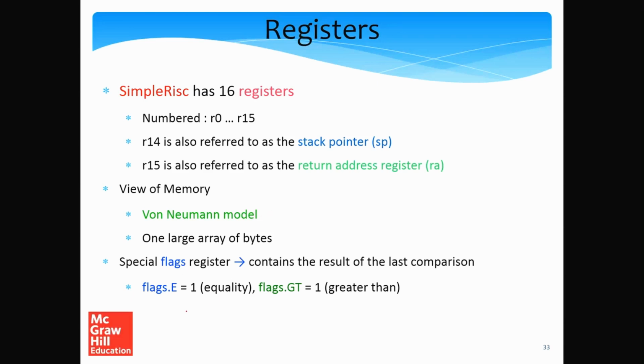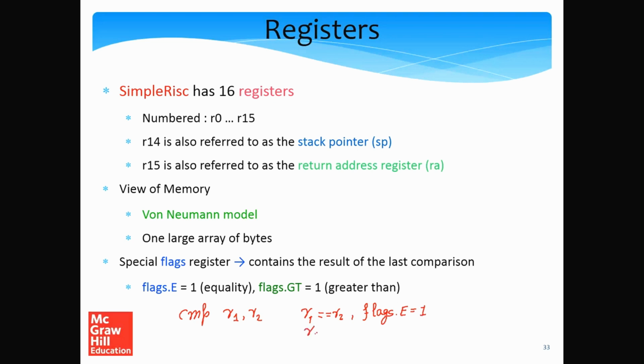The example is a compare in simple RISC assembly, where we compare the contents of registers R1 and R2. If the contents are equal, the hardware sets the E bit inside the flags register. So if R1 is equal to R2, in C style, then the hardware sets flags.e equal to 1.